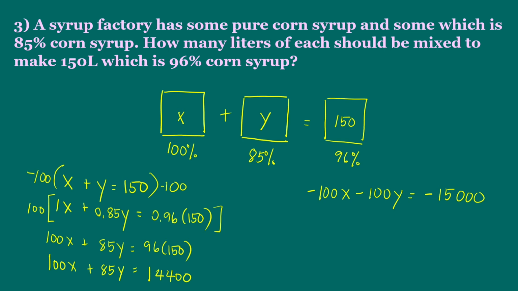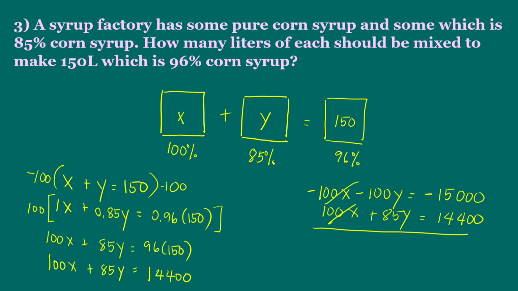Okay? And then, using the second equation, 100x plus 85y equals 14,400. Eliminated the x.